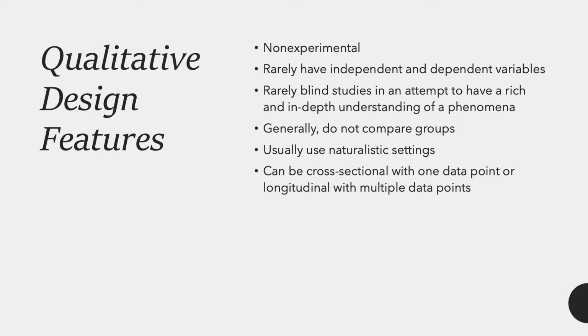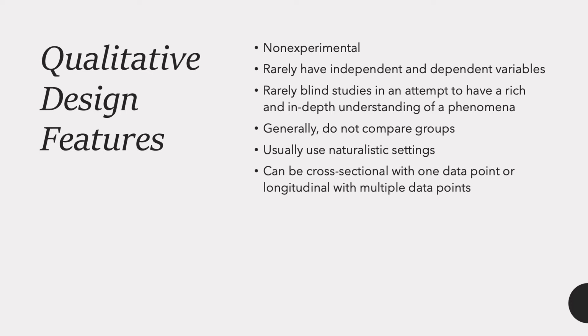Rarely are the studies blinded, and this is intentional because you want to attempt to have a rich and in-depth understanding of the phenomena you are studying. We generally do not compare groups. So there's not an intervention group and a control group.